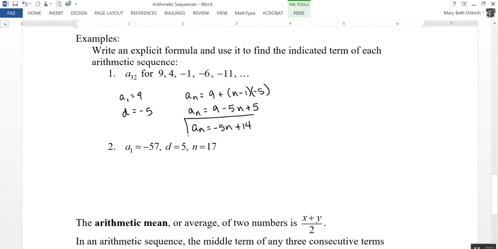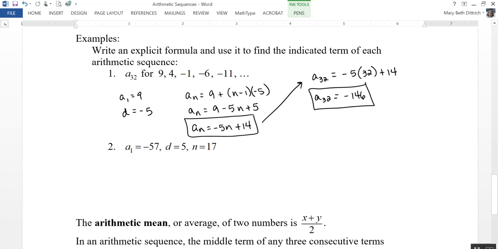So there's my formula, and now I'm going to use that formula to find a sub 32, or the 32nd term in this sequence. So negative 5 times 32 plus 14, so a sub 32 is equal to negative 146.